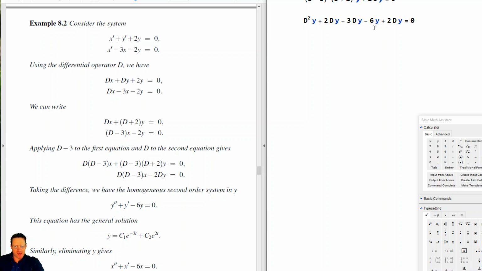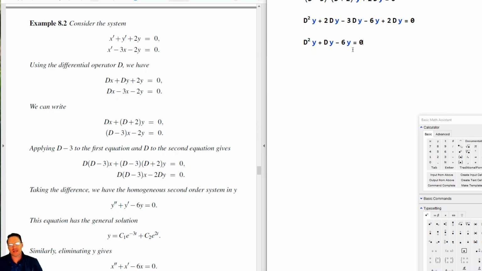So we've expanded this out. Next, we want to collect like terms. Essentially the middle terms are 4Dy minus 3Dy, which is just 1Dy. So we'll just put plus 1Dy, and then we still have the minus 6y.